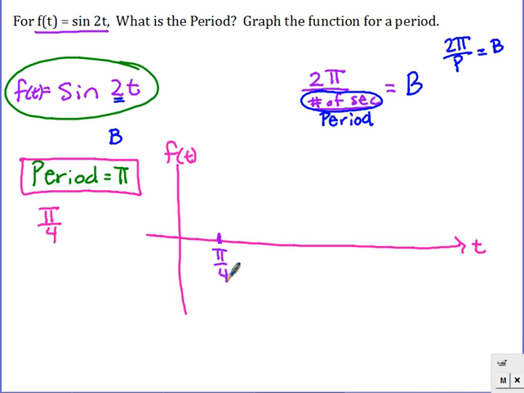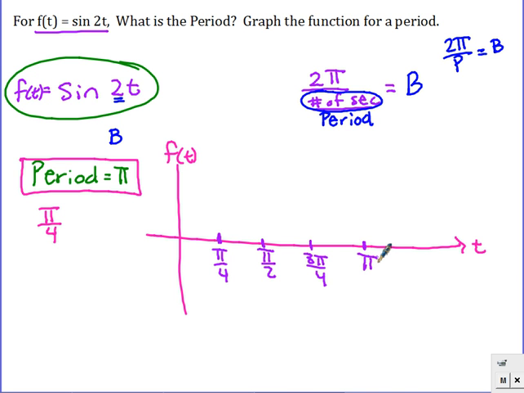So that's 1 pi over 4. If I go here, it'd be 2 pi over 4, but 2 and 4 simplify to pi over 2. So 1 pi over 4, 2 pi over 4. This would be 3 pi over 4. One more step would be 4 pi over 4, but that'd be kind of silly to write because it's just pi. All right, so that is going to be my scale.